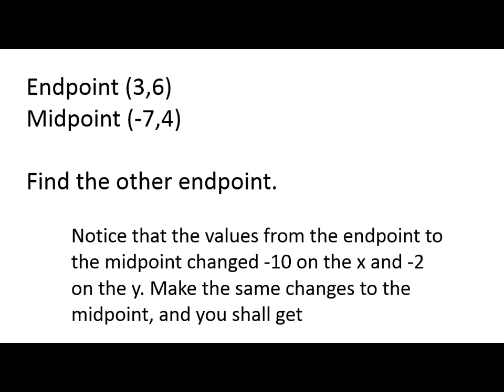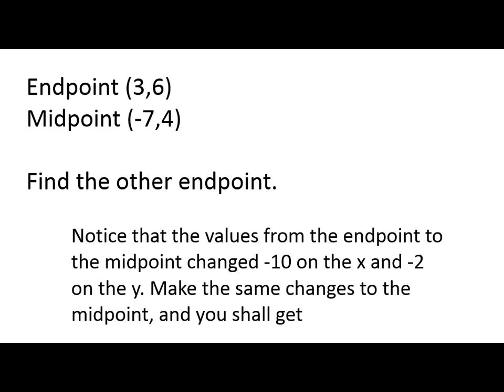Make the same changes to the midpoint, and you will get the other endpoint; I left it empty because we're going to write its coordinates. When I say they change, in order for 3 to become negative 7, we go minus 10. In order for 6 to become 4, we go minus 2.